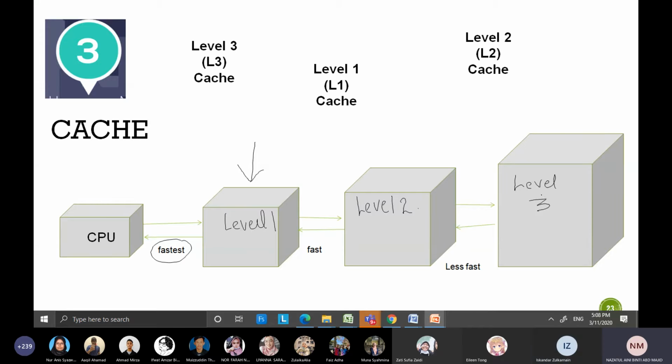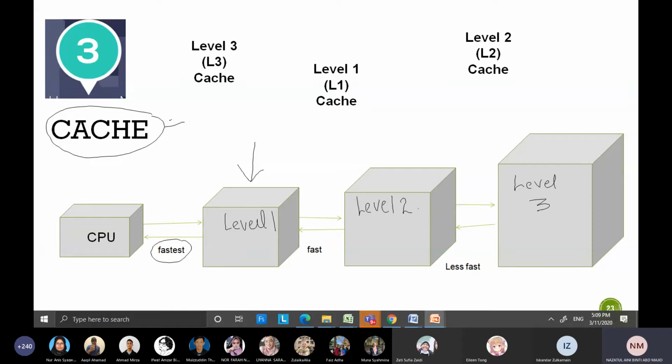So this is how the designers of the computer try to improve the performance of the computer. They put the memory near to the CPU. That's why they designed cache. This is in our modern computer, not in the von Neumann architecture.